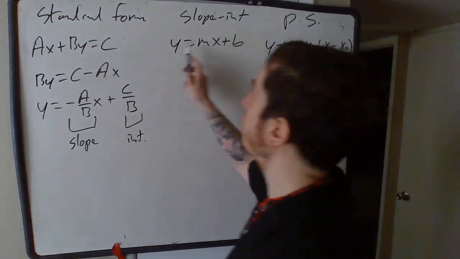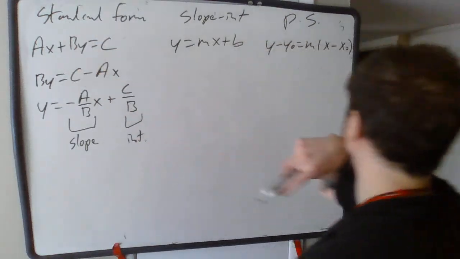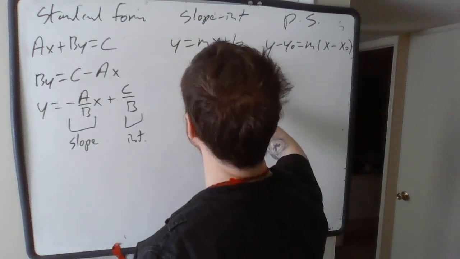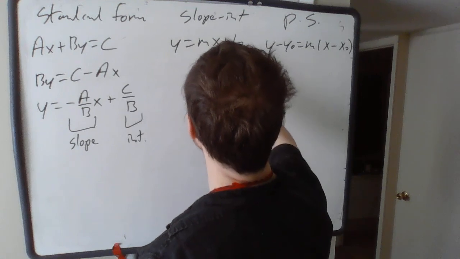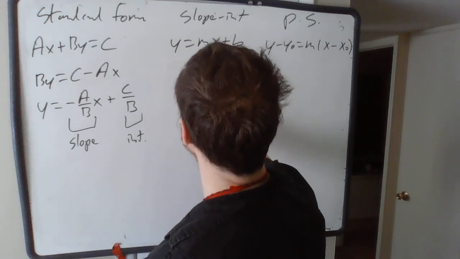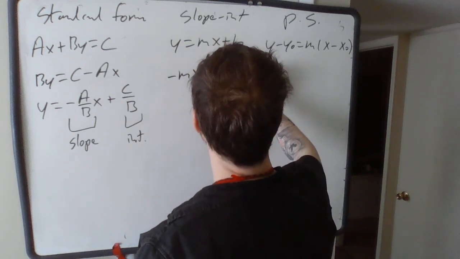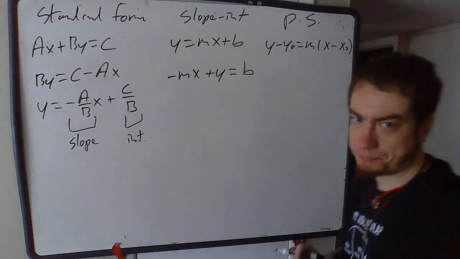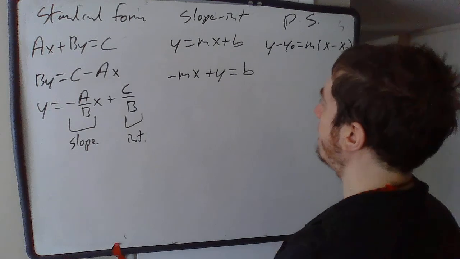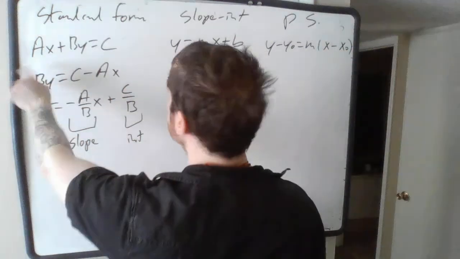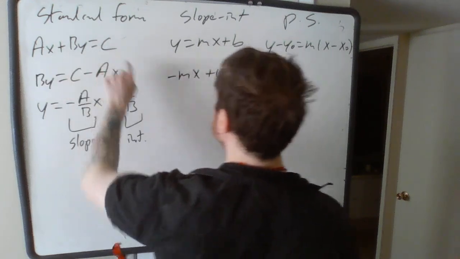So what about slope-intercept over into standard form? Well, to go from slope-intercept into standard form, all I have to do is subtract the mx from both sides. So I would get negative mx plus y is equal to b. Now here's the thing. Often what you want in standard form, if you can, is for these to be integers.